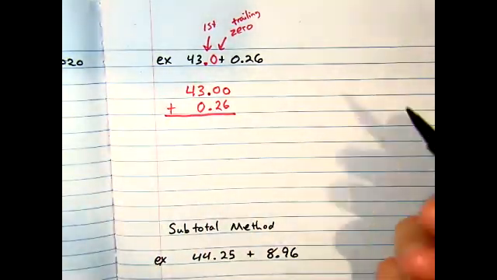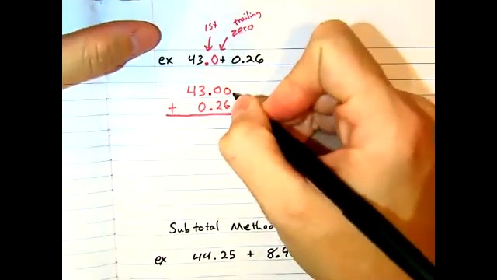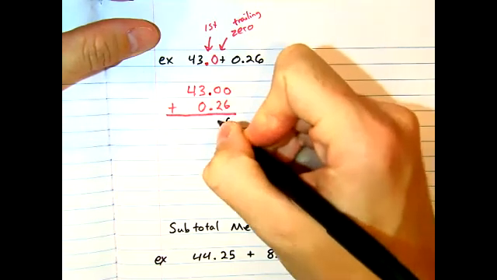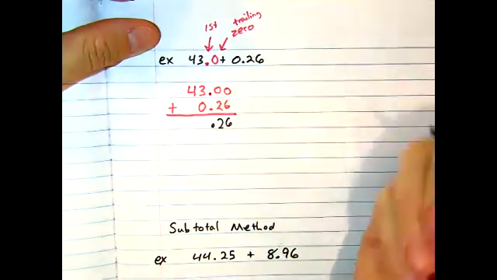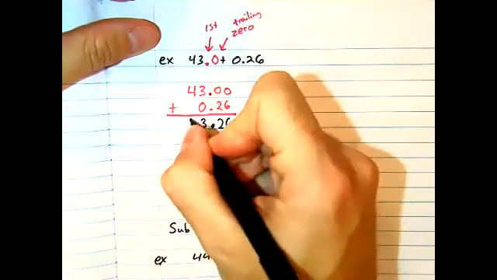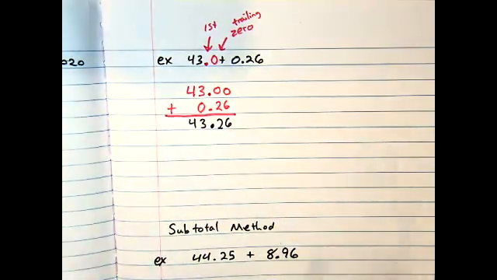Now you can do new groups above, new groups below, the standard algorithm. Let's add it up. 0 plus 6 is 6. 0 plus 2 is 2. Our decimals should just line up when we're adding and subtracting. 3 plus nothing is still 3. Bring down our 4. Excellent. Super easy sample problem.